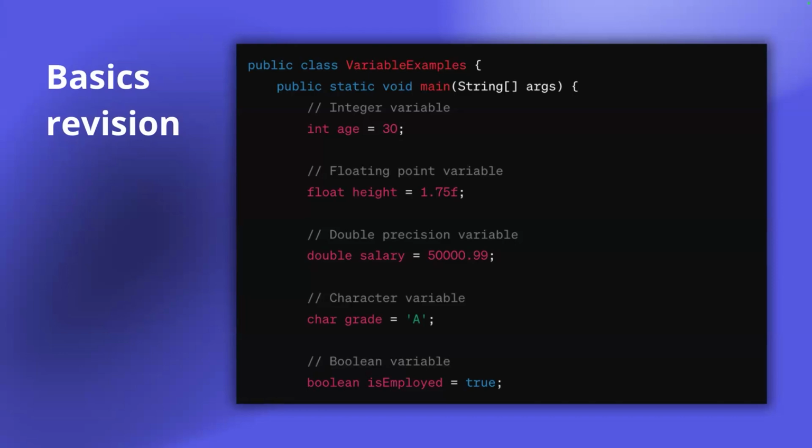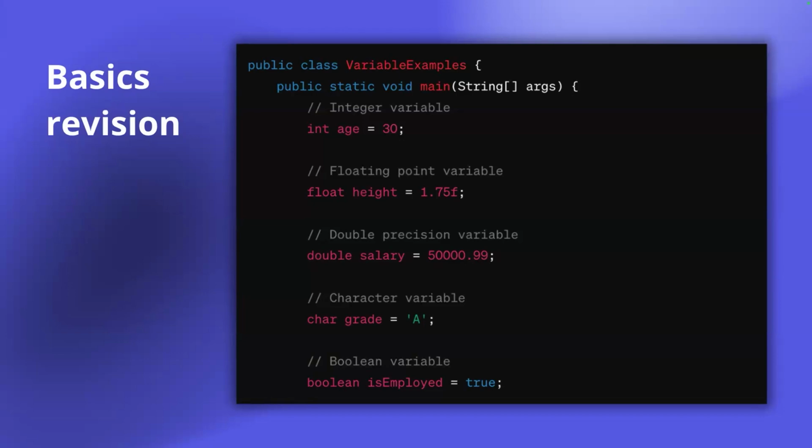Then we've got an integer variable named age, which we give a value of 30. Then we've got float height.